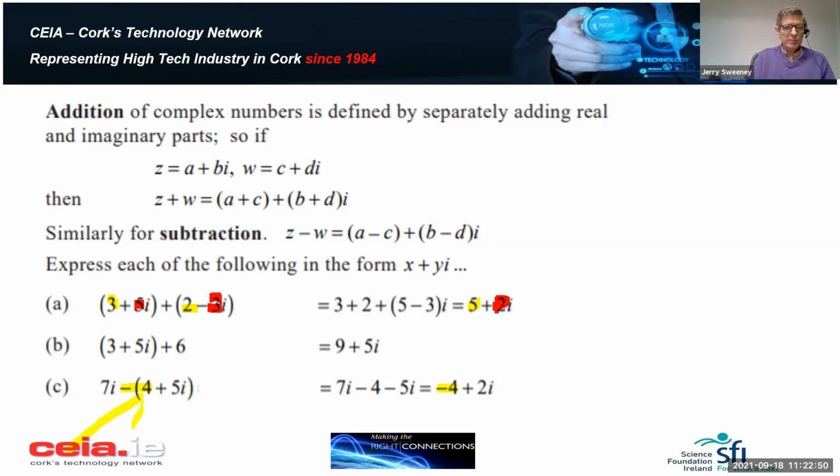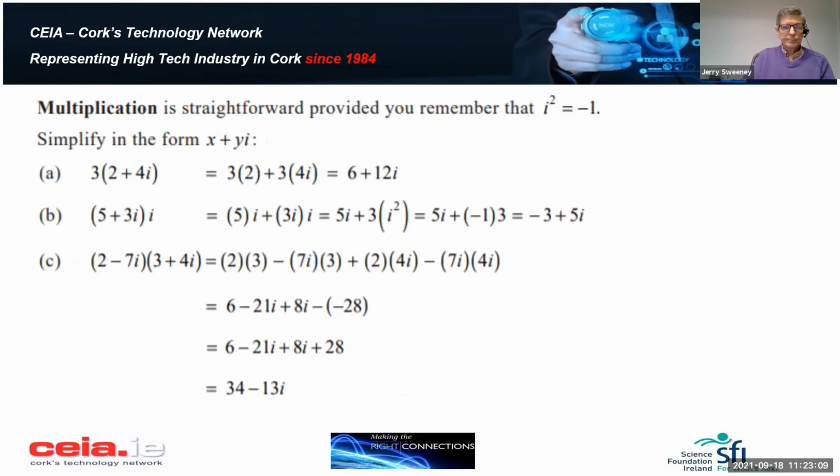So 7 minus 5 comes out at plus 2. So addition, if we follow that rule, is trivial, and mathematicians have worked out that this works in all cases and doesn't cause any problems or confusion with arithmetic.